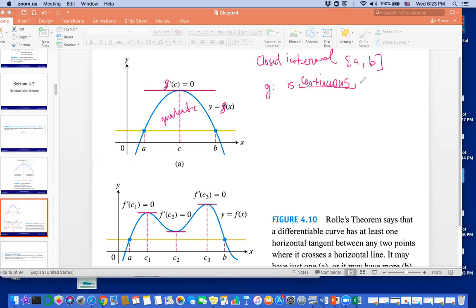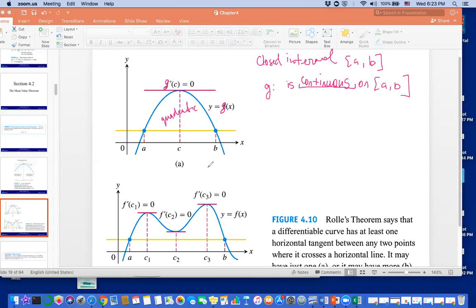So on the entire interval AB, what about the derivative? Does the derivative exist at every point in the interval? True?